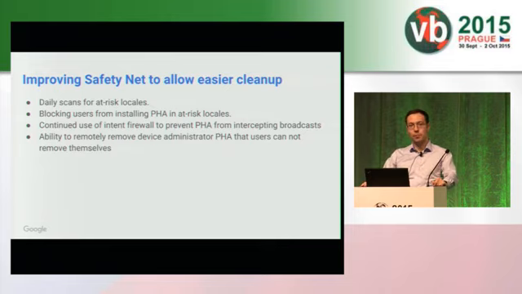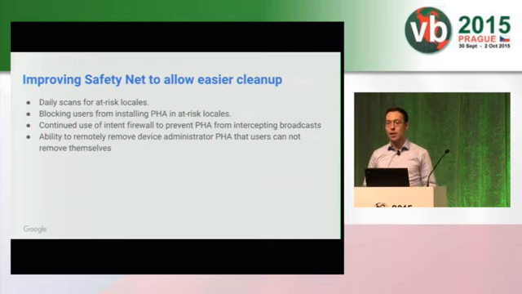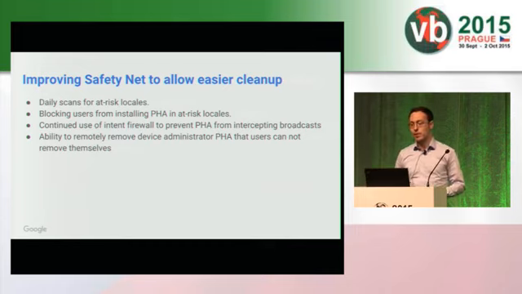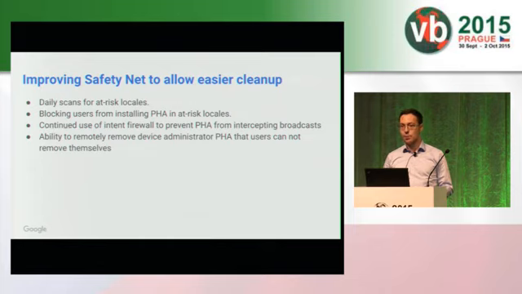We also made a couple of improvements to SafetyNet, which is the on-device technology. We have the ability to do daily scans for at-risk locales. Russia and this phishing campaign was only the first campaign that we're targeting. We're now already working on a second campaign that we want to remotely clean up because they're very dangerous.